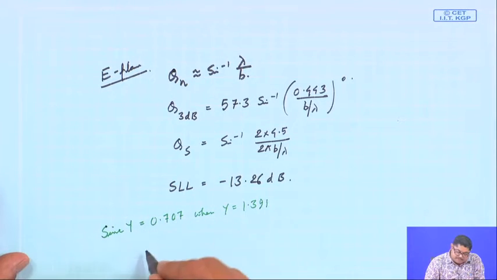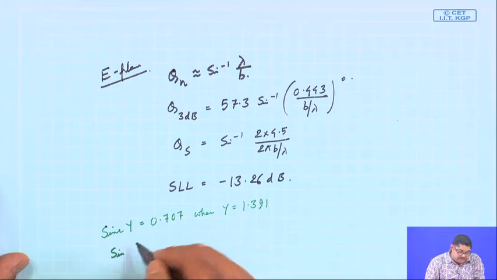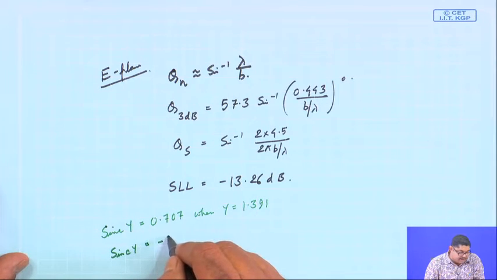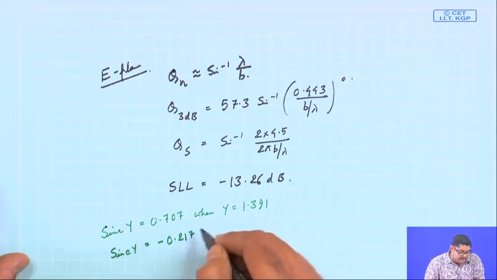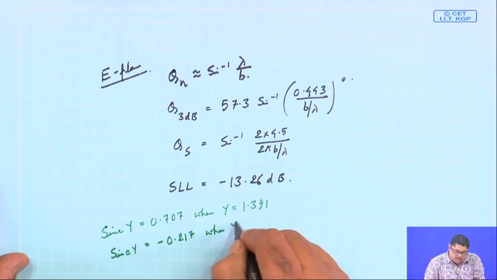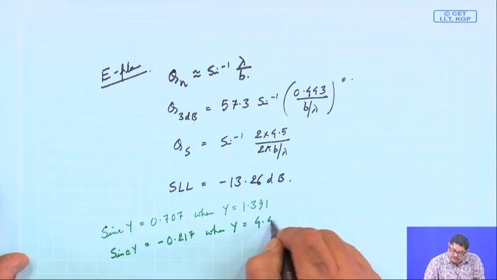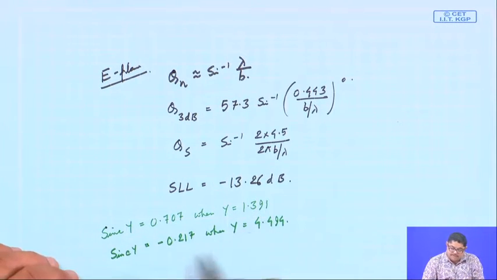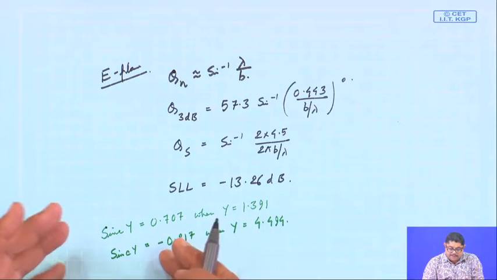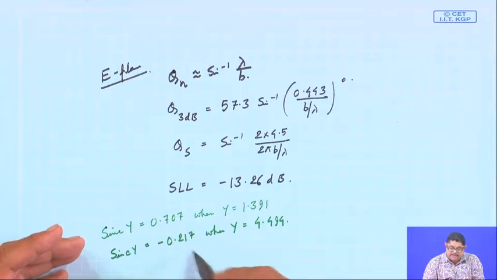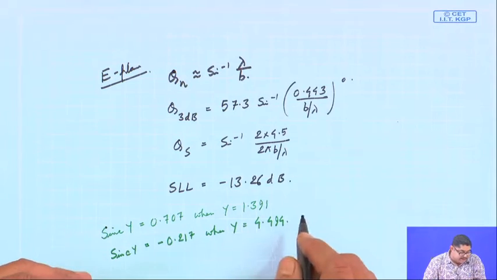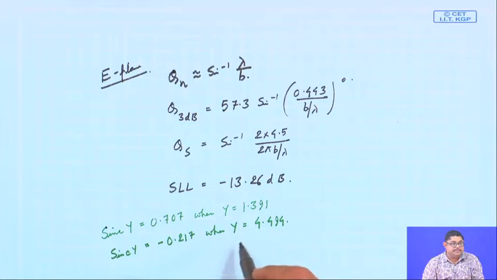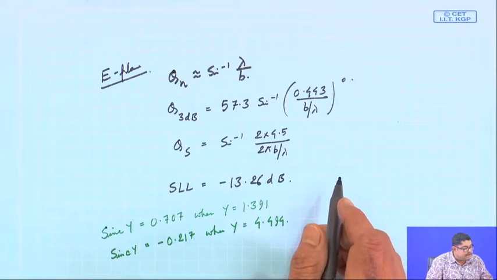Similarly, sinc becomes minus 0.217 when y is equal to 4.494. So, these values you will require. Remember that if you take the modulus, then this becomes the second maximum. That is why we require this value, etc.